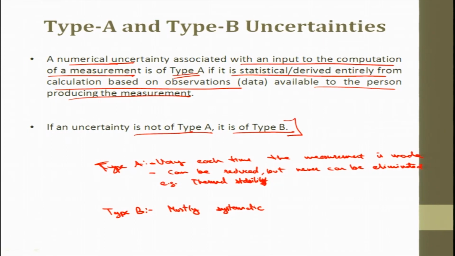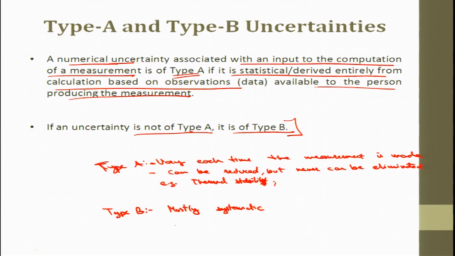So the gauge, the strain, the wire, we are talking about the instrument here. So here the effect of large temperature changes can be catered by using certain techniques. The techniques may be temperature compensation, so there will be some residual non-compensated effect. This kind of uncertainty is type B uncertainty.